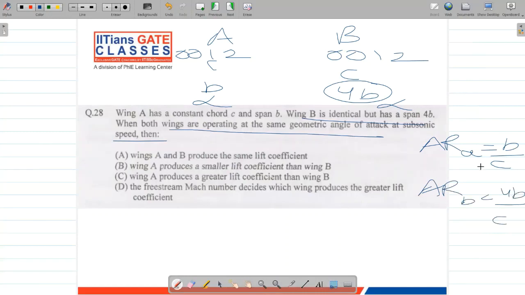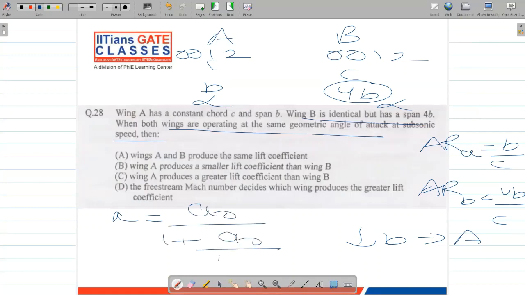This means the 3D effects, or the lifting line effects, will be lower for wing B than wing A. Looking at the lift curve slope, we know that for a wing it is given by A equal to A naught divided by 1 plus A naught by pi AR E. A naught is the lift curve slope of the airfoil used, and both use the same airfoil.